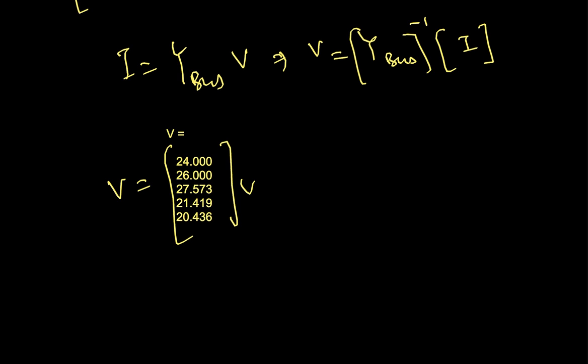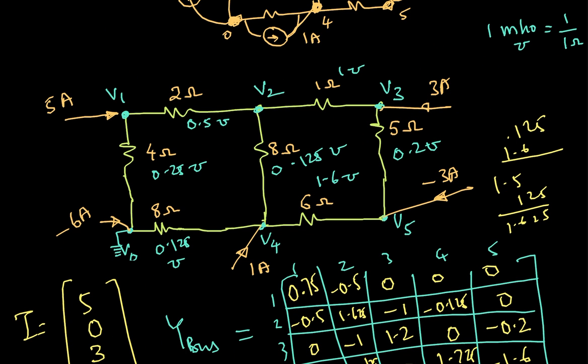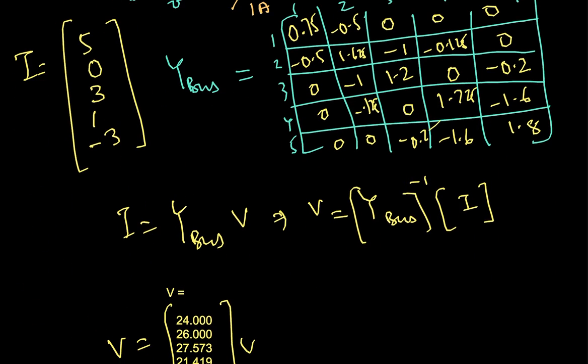So 24, 26, 27.573. After solving this, I got 24 volts. This is 26 volts, and so on. So that means there's a 1 ampere current flowing like this. Just verify this, and if there's any mistake, you can let me know.